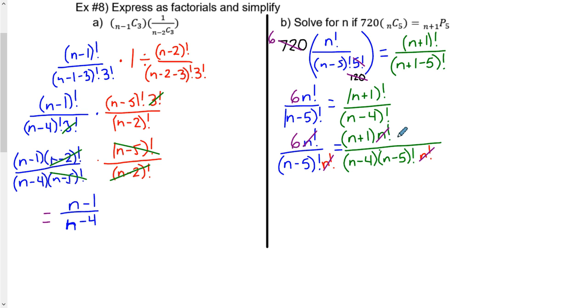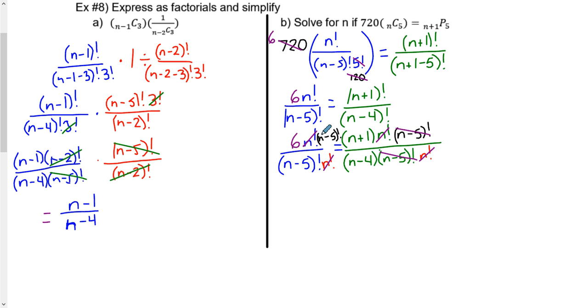If I do the similar thing with multiplying both sides by an n minus 5 factorial, sorry, not n plus, n minus 5, that n minus 5 factorial is going to cancel off.